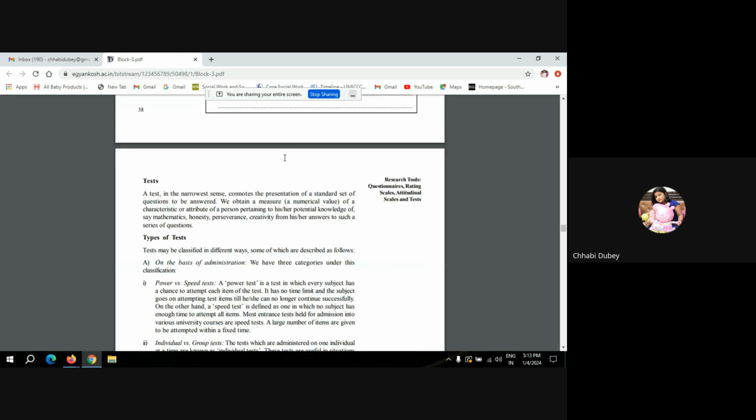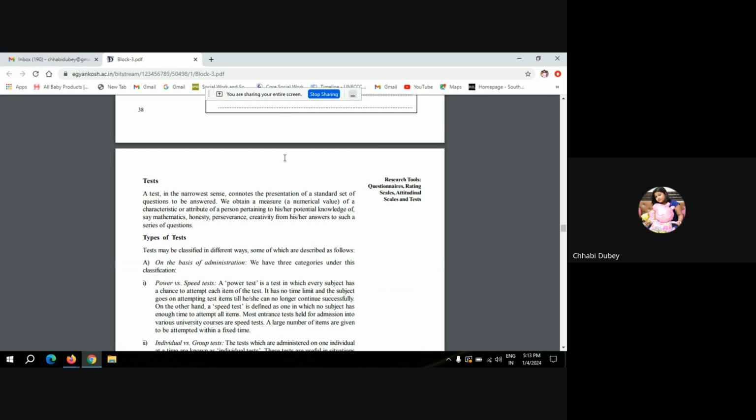After that, there are certain tests that can be applied. We obtain a measure of the characteristics or attributes of a person pertaining to his or her potential knowledge, say for example, knowledge of mathematics, honesty, perseverance, creativity, and how that person answers such questions.